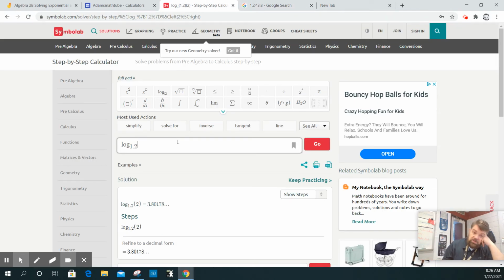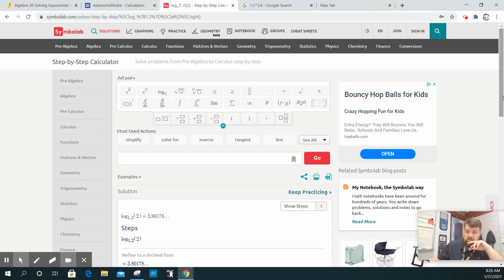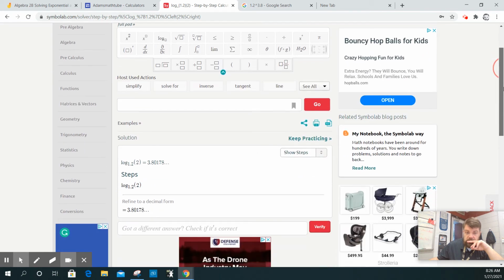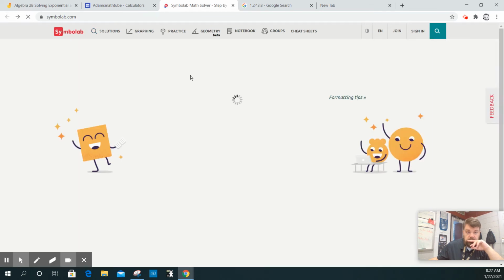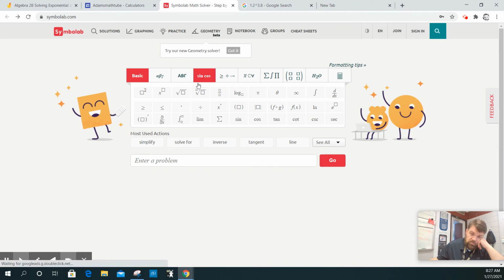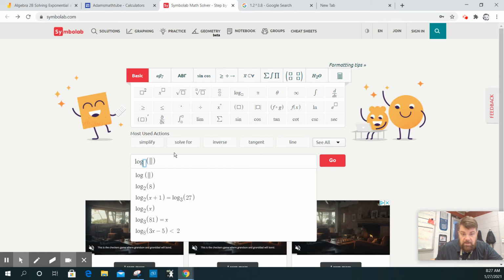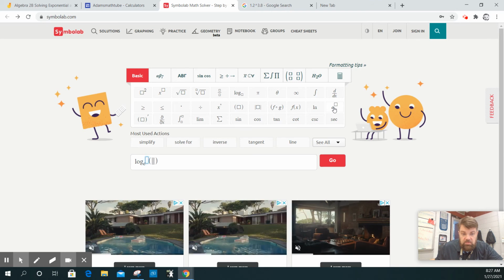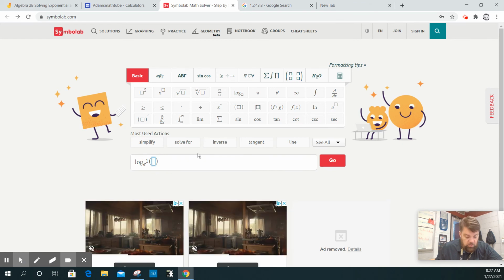So basically what I'm going to do here is enter in log base e of 4.